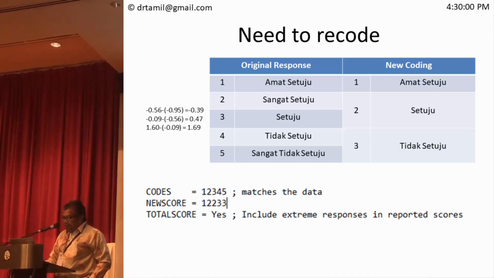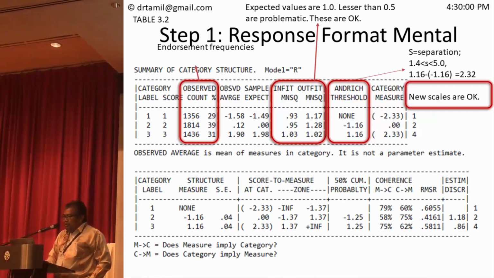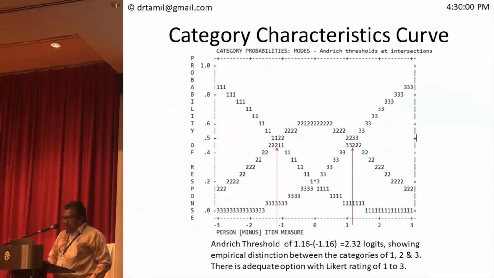And that's the only time that when we combine the data set, now the scoring is much clearer. You can see that the cutoff point is much clearer, the new scales are better. And when you look at the analysis, the 1, 2 and 3 is clearly differentiated. So that's the beauty of Rasch analysis.